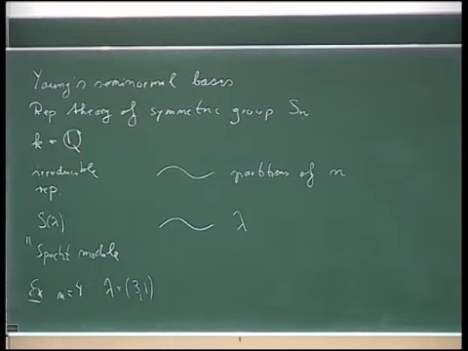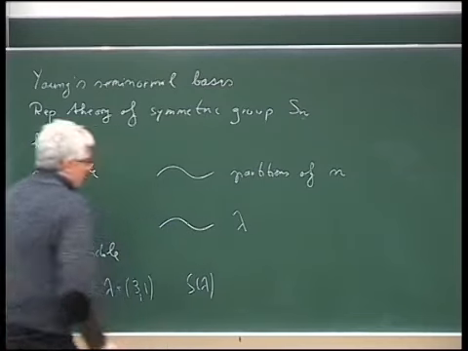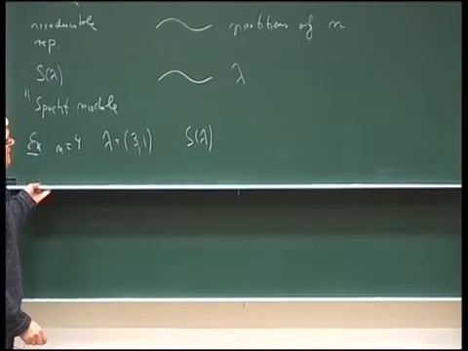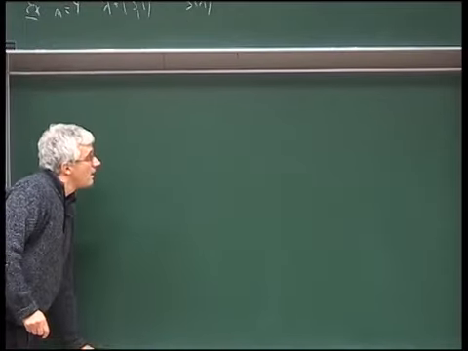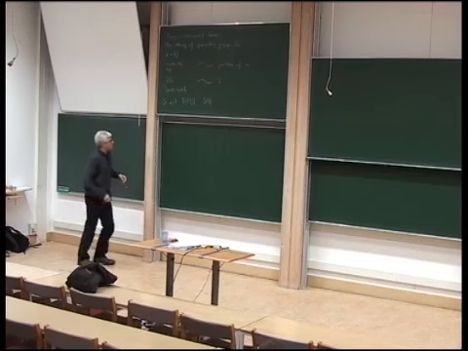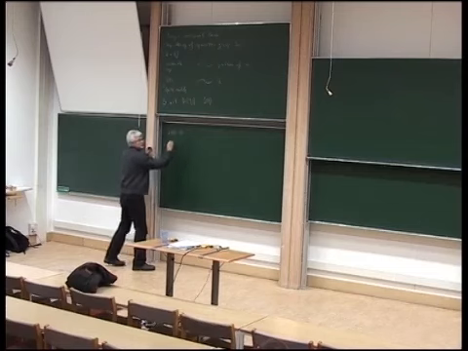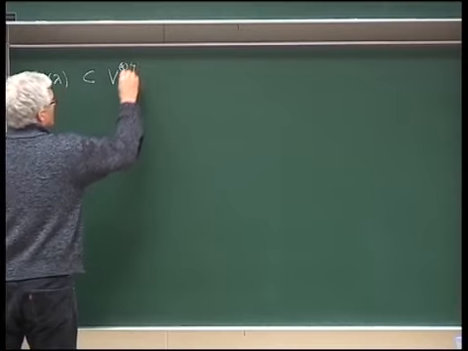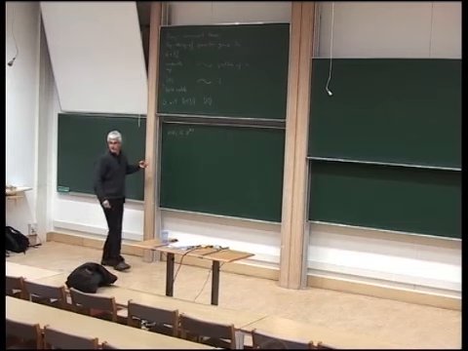So I should now construct the Specht module corresponding. And now the Specht module is going to be a submodule of, it's going to sit inside V tensor 4, where V is a big space that I will explain shortly.